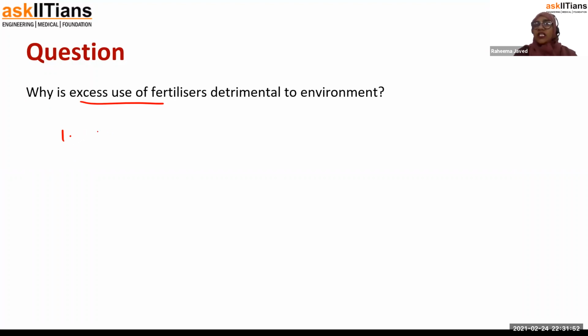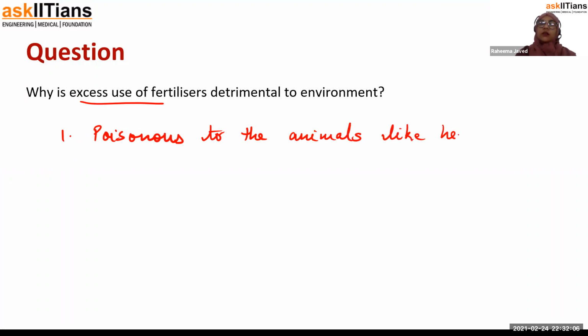Fertilizers, first of all, are poisonous to the animals like herbivores or human beings. And remember that we are talking about the excess use, not the use of fertilizers altogether, but the excessive use of fertilizers can be poisonous to the animals because we are consuming the plants.